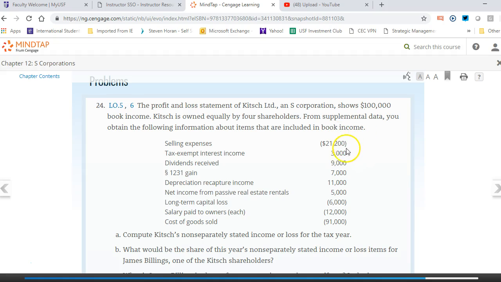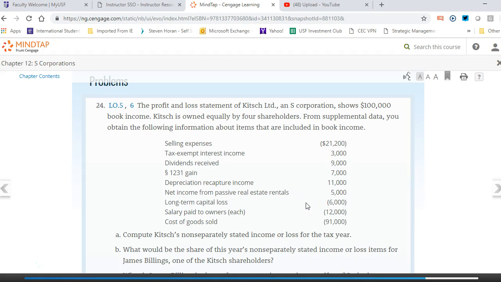So the selling expenses and tax-exempt interest income, dividends received, Section 1231 gain, depreciation recapture, net income from passive real estate rentals, long-term capital loss, salary paid to owners each, and cost of goods sold. So basically just do their separately stated income or loss for the year.